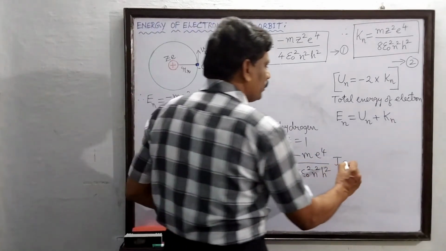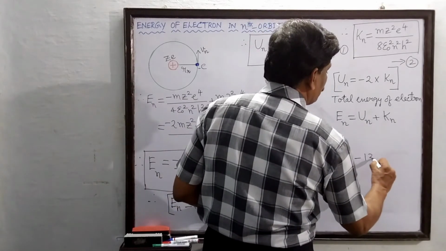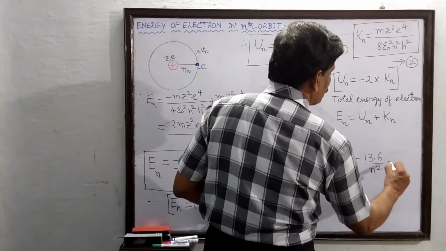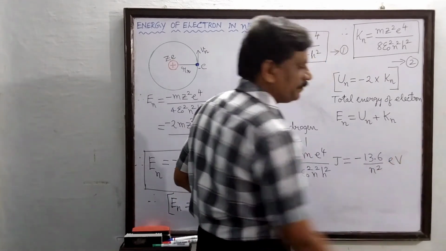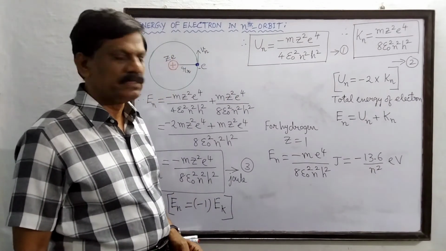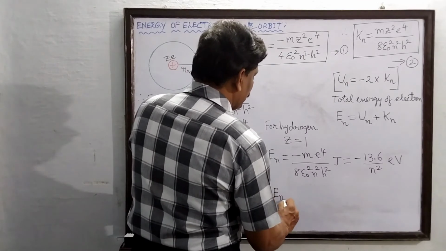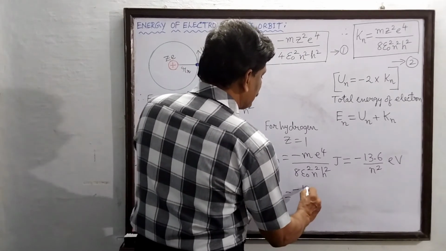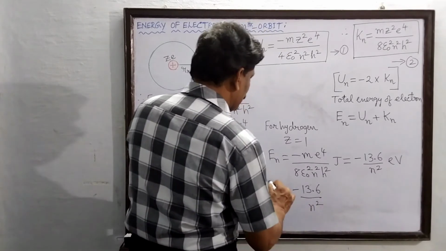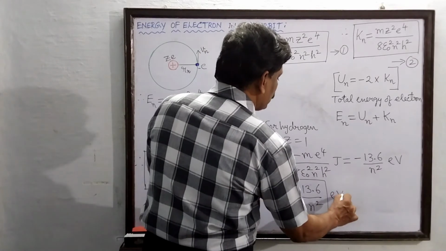If you convert this into electron volt, it is found to be minus 13.6 divided by n square electron volt. This is another expression for the energy. So En is equal to minus 13.6 divided by n square, and the unit is electron volt.